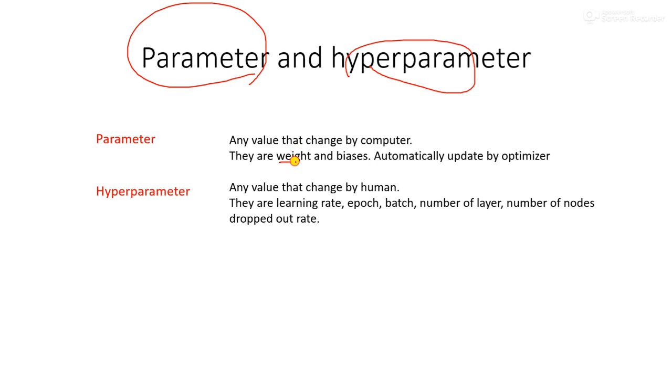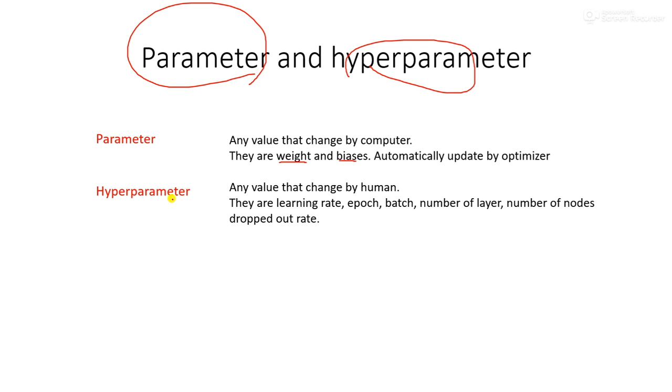So this value, weight and bias, normally when we call the optimizer function with learning rate, the computer will automatically update or measure. We don't update it because we're dealing with millions of those weights and biases. Okay, and so this is updated by the optimizer, meaning the computer does it automatically.